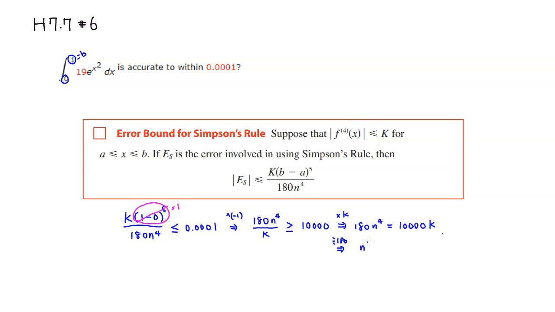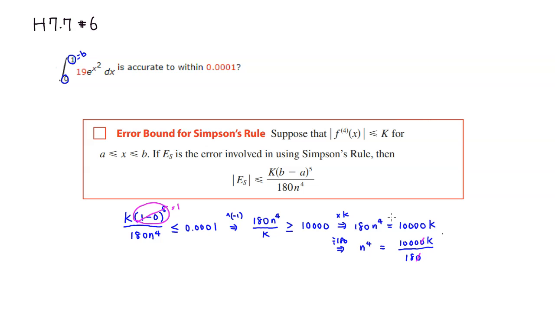So n to the fourth is going to be 10,000 k over 180. I can just knock out one of the zeros from each.